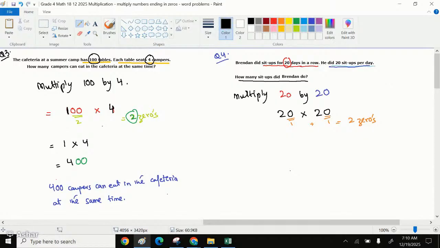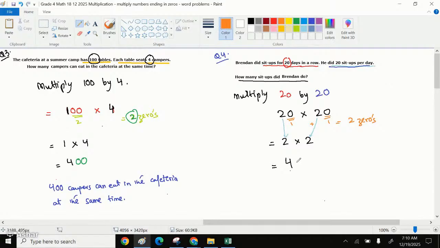Then we multiply the numbers together. This 2 and this 2 we multiply. 2 multiplied by 2 is 4. And we copy the number of zeros.